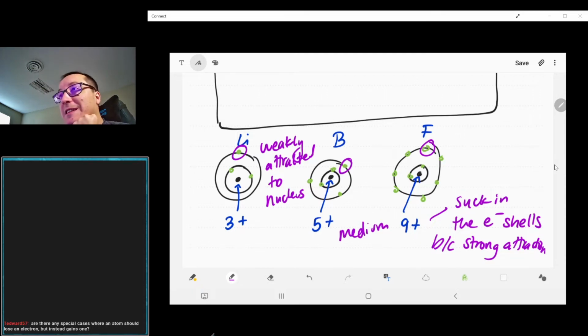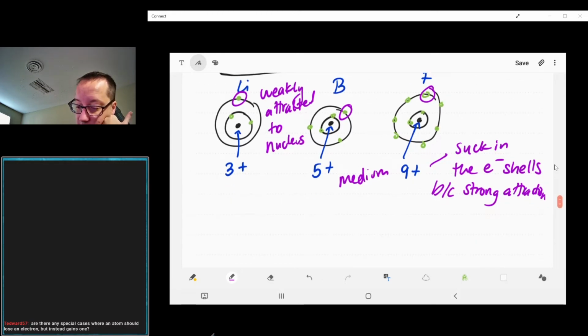So as a result, because fluorine has a much more positive nucleus than lithium, it's going to pull in those electron shells closer to itself, because those electrons are more attracted to the positive nucleus. They're still moving way too fast to actually go into the nucleus, but they're just going to be condensing forward.